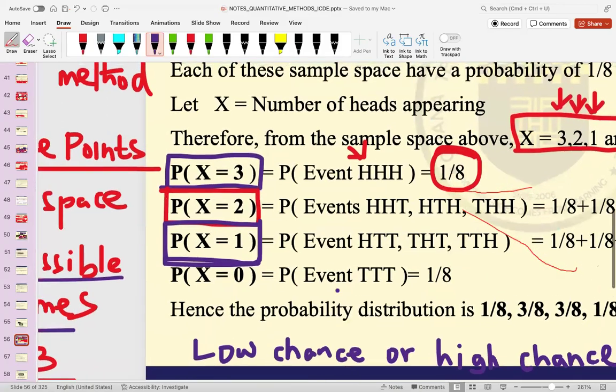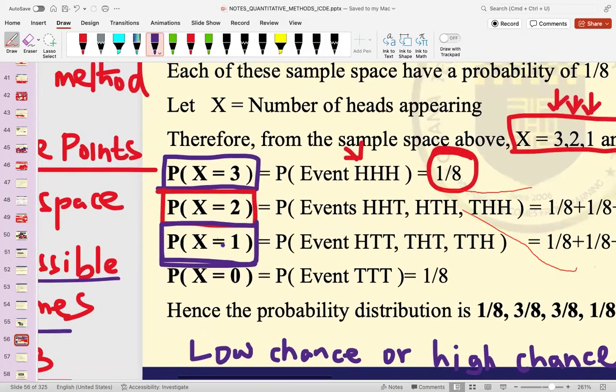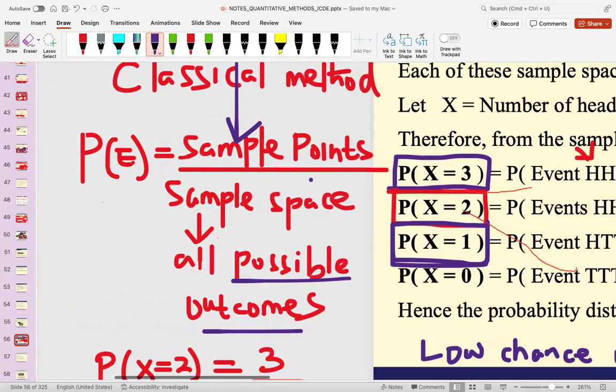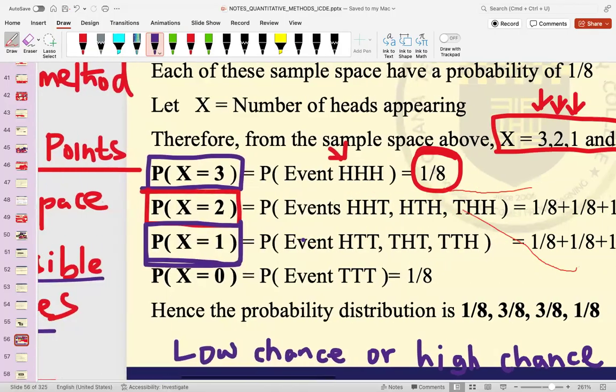So when we come to our formula for probability of X equals 1, using sample points over sample space, the probability of X showing one head is 3 specific outcomes over 8 possible outcomes. So we get 3 over 8 for X equals 1.